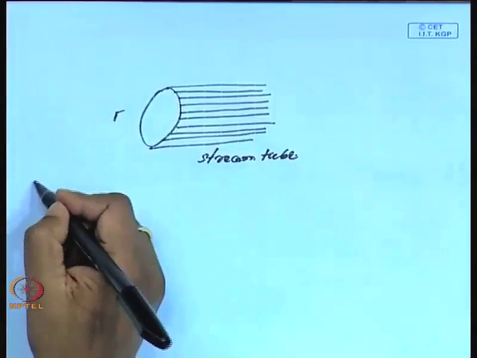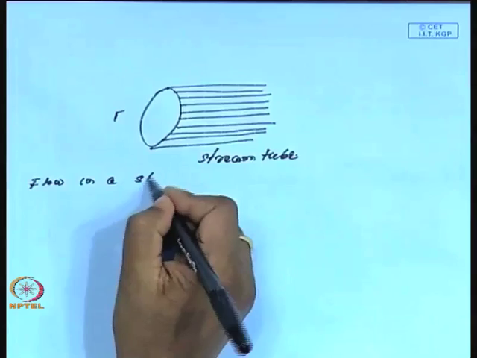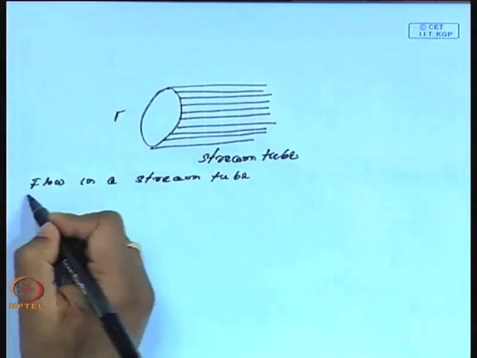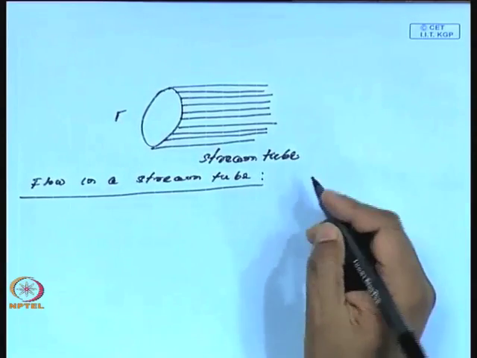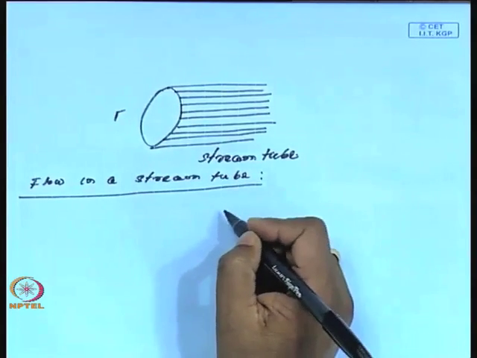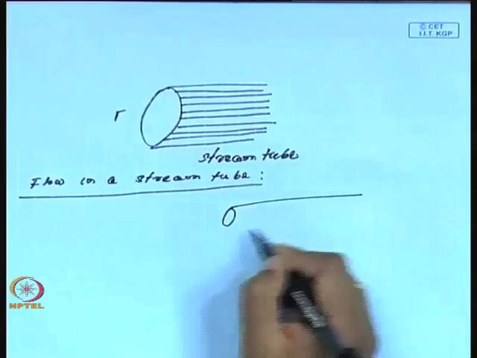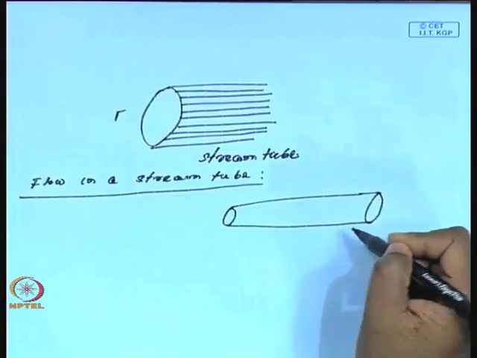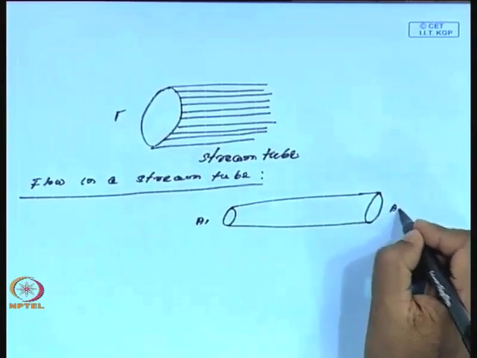Now, let us look at the flow in a stream tube. Let us look at a stream tube of varying cross section. This is cross section A1, this side is A2.